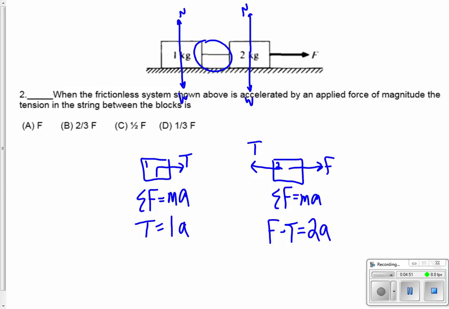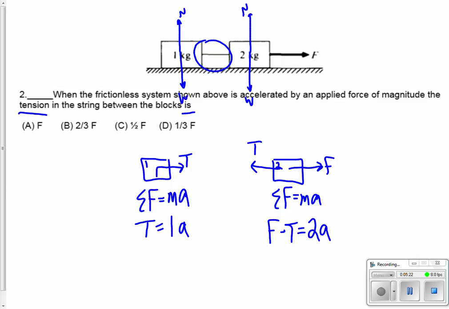First of all, we have two common variables. Again, it's one system connected by a string. So it's one system, meaning it has one acceleration, and it's one string, meaning it's one single tension. So same T, same a, but acting on each block individually gives us two separate equations. So if T equals 1a, what I don't really want in my equation here is a, because the question asks for the tension.